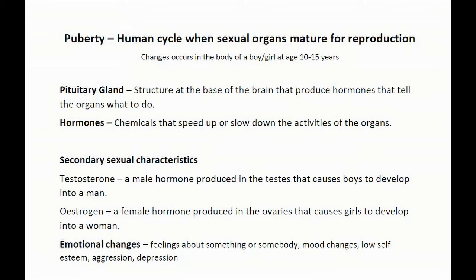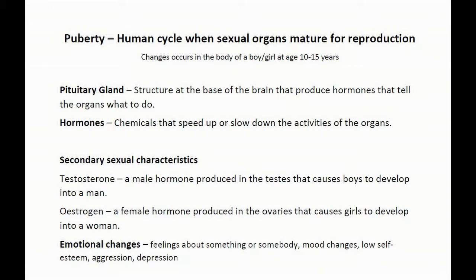So there are things that are called pituitary glands. These glands sit at the base of your brain. It then creates hormones that tell the body or the organs to develop. So it tells organs to create things called hormones.